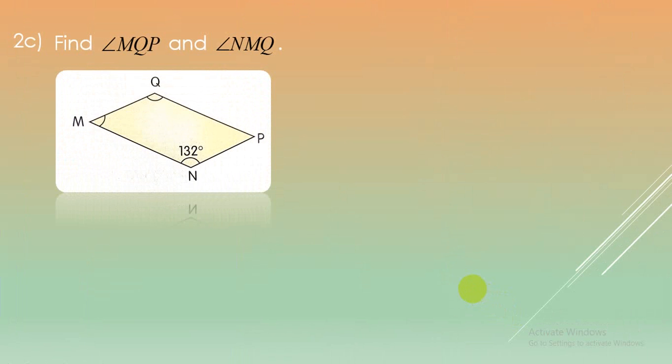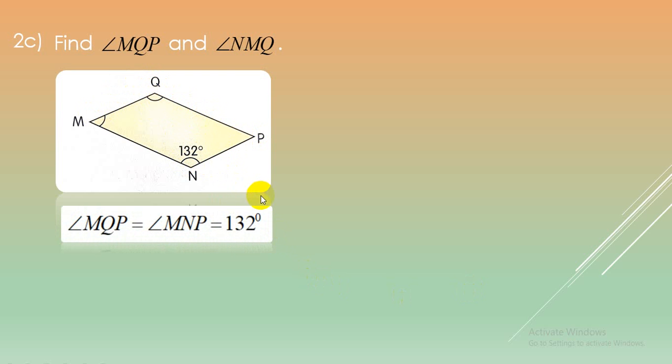Next, number 2C. Find angle MQP and angle NMQ. Look at this picture first. We know that angle MNP is 132 degrees. Remember, the opposite angles are equal. The easiest one. Angle MQP equals angle MNP.